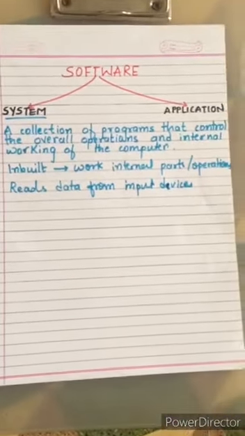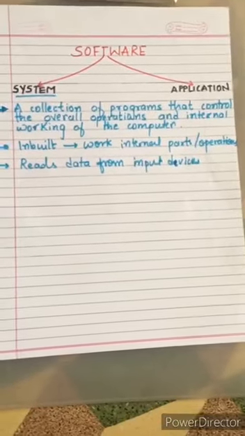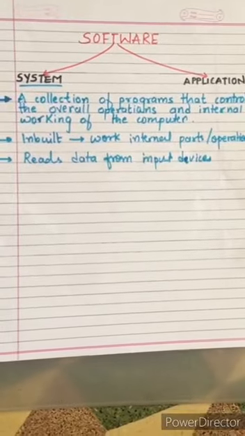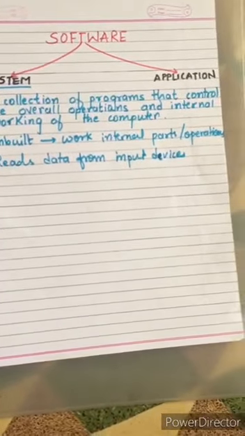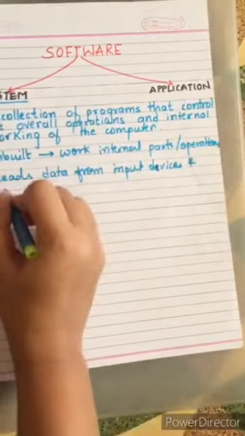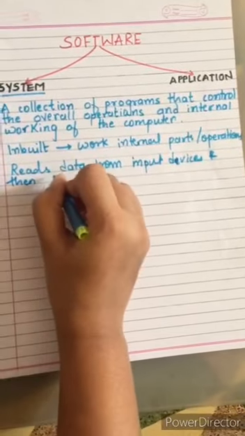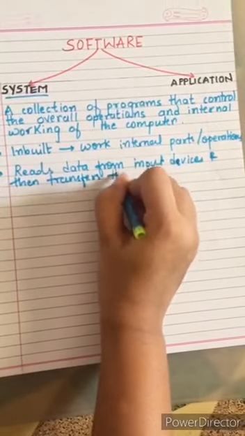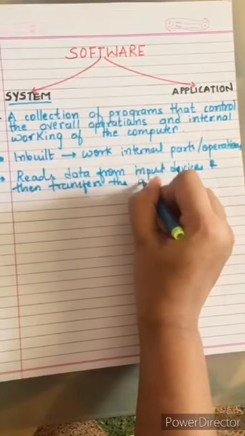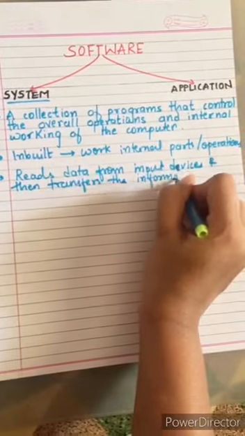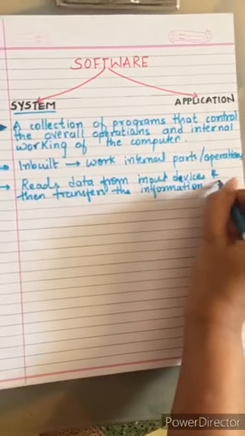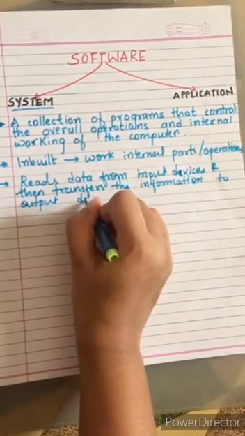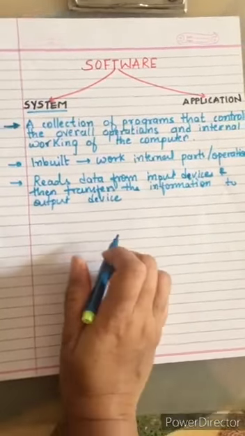That means whatever data you enter in the computer using some input device, it reads that data and then it transfers the information to the output device.